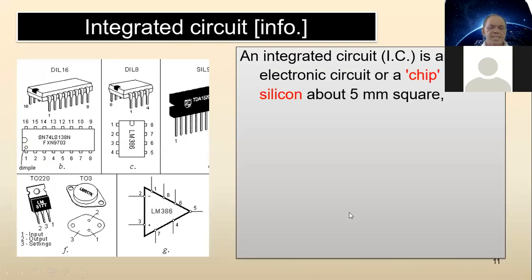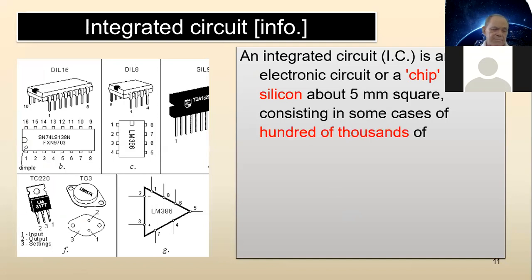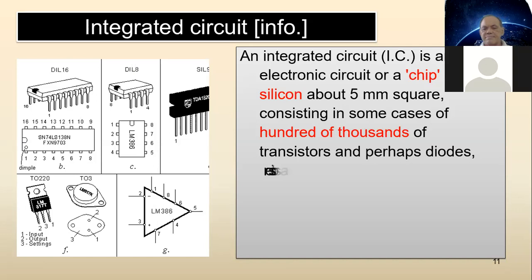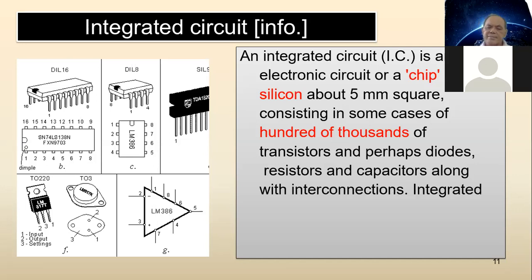Basically, an integrated circuit is an electronic circuit or chip of silicon about 5 millimeters square, very small, consisting in some cases of hundreds of thousands of transistors and perhaps diodes, resistors, and capacitors, along with interconnection.